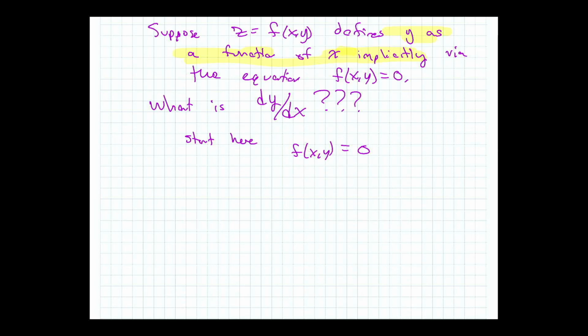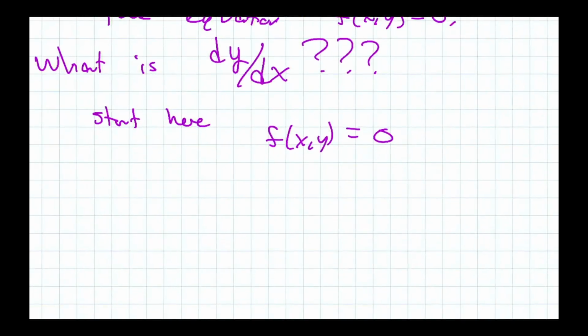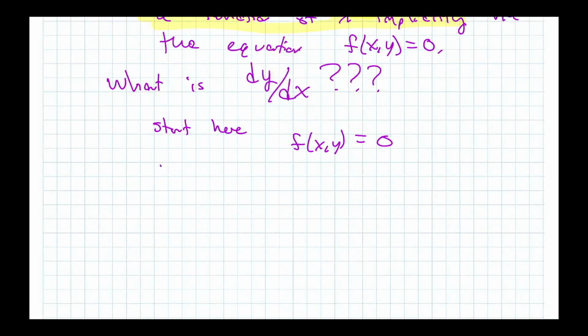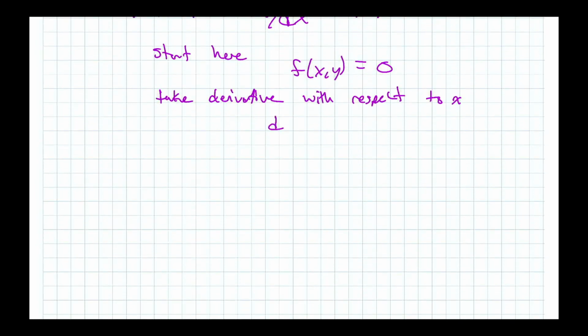Okay, so start here. Now we're trying to find dy dx, so let's take the derivative with respect to x. You have the derivative with respect to x of f of x,y equals the derivative with respect to x of 0.